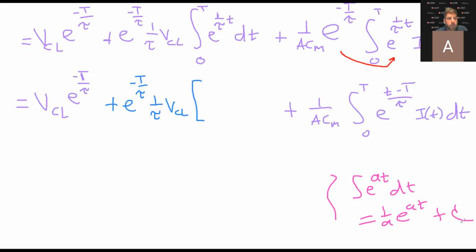That's the integral of the elementary e to a number times t. All right, so if we remember that formula, 1 over tau becomes tau. And then this just becomes e to the 1 over tau t, evaluated from 0 to T.